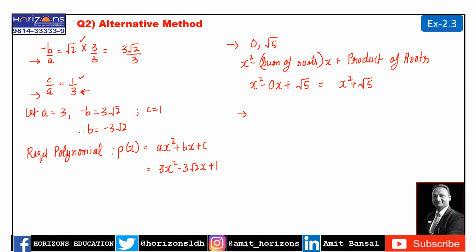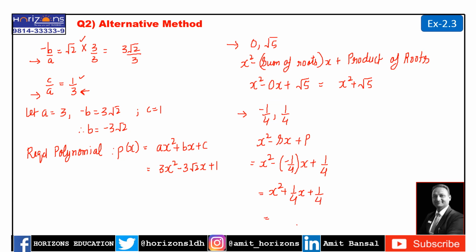Similarly, given that the sum of roots is minus 1 by 4 and the product of roots is 1 by 4, putting it in x square minus sum of roots x plus product of roots, I will obtain x square minus 1 over 4 x plus 1 by 4. So x square plus 1 over 4x plus 1 upon 4.